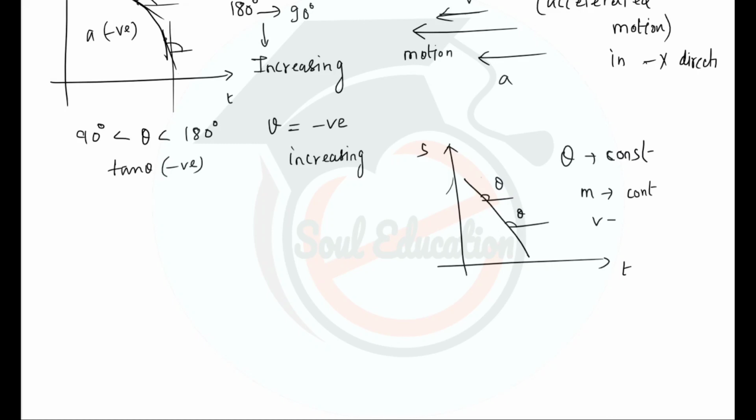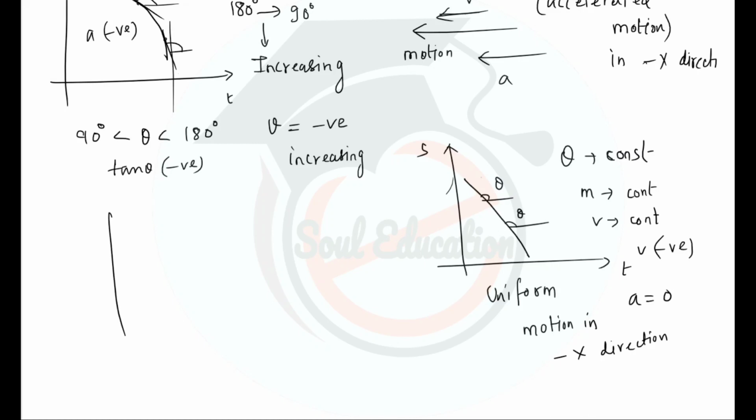Velocity is constant, but negative, since theta lies between 90 degrees and 180 degrees. Constant but negative. For this case acceleration is equal to 0 because velocity is constant. This is uniform motion in the negative x direction.